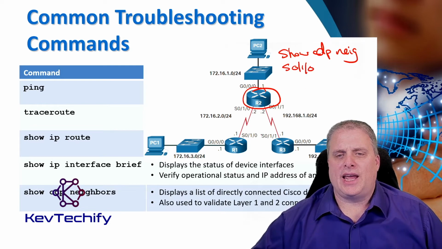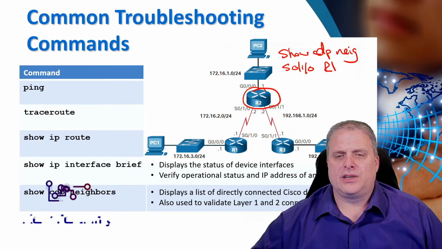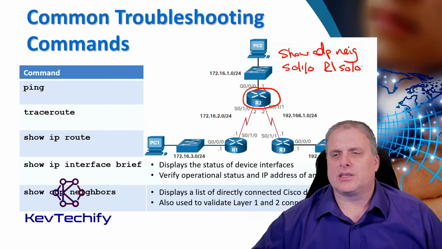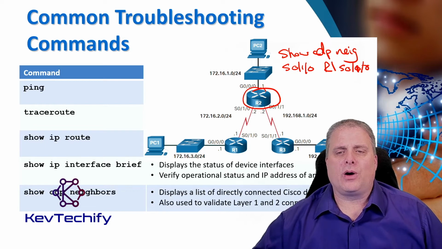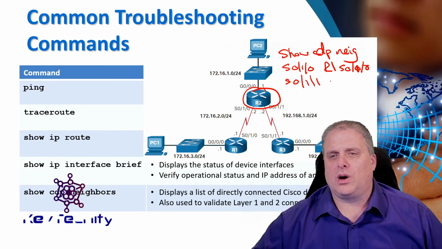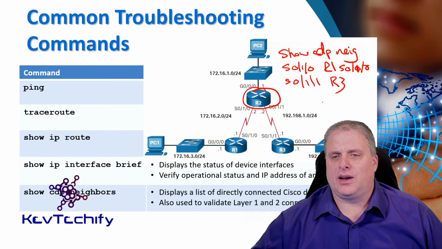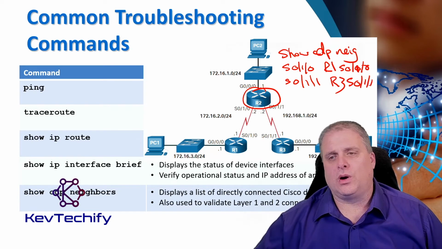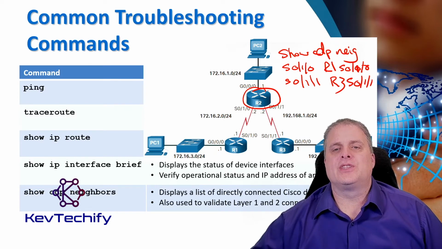And it's going to say that connects to R1 on the serial 0/1/0 port, and gives us some other information. Then it's also going to go out and find R3, and it's going to say on the serial 0/1/1, R3 is there, and we're connected to the interface on R3 of serial 0/1/1. And it builds the neighbors there.